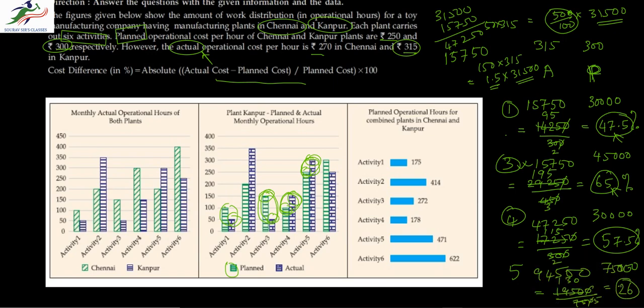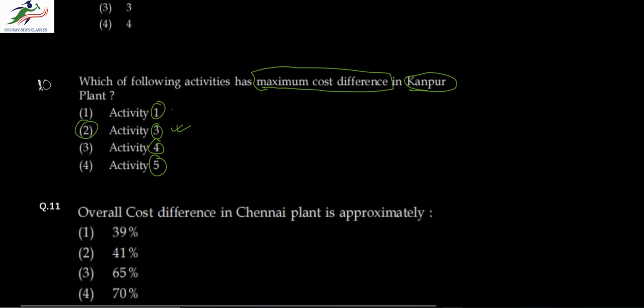So this is 26%, and then we had the first one 47.5, and activity 3 as 65. So clearly we can see activity 3 as the maximum value. So our assumption or observation was correct, and 2 is the correct answer.